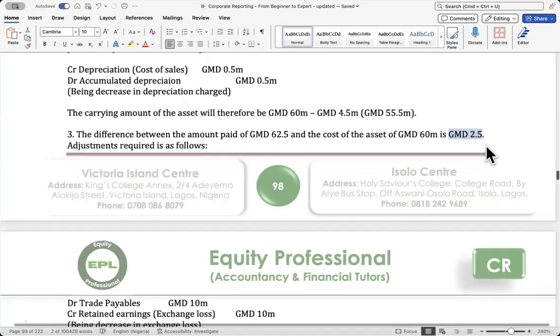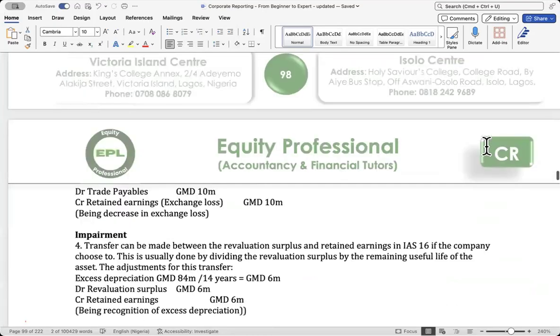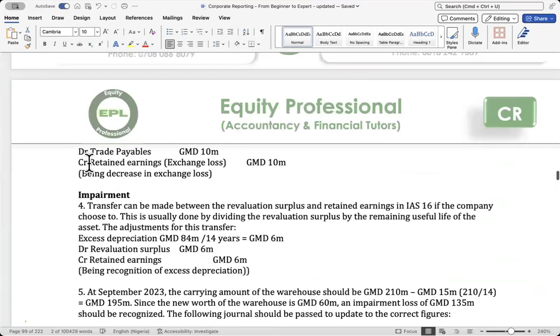As far as losses are concerned, because this is a loss for us now, ordinarily for a loss you should debit P&L. But because these guys have over-recorded that loss, they recorded 12.5 instead of 2.5, I'm saying, okay, this loss is too much.